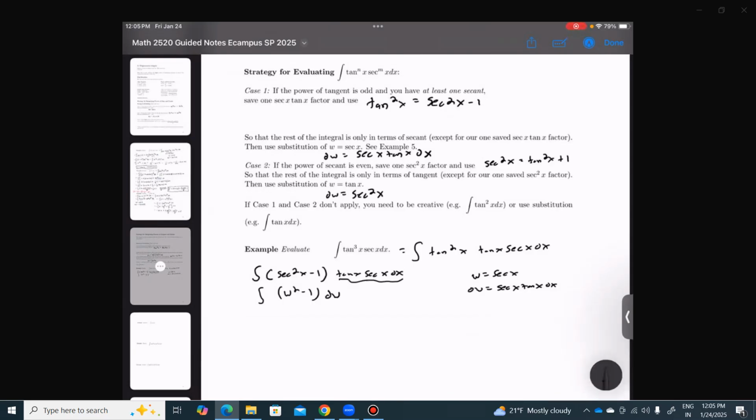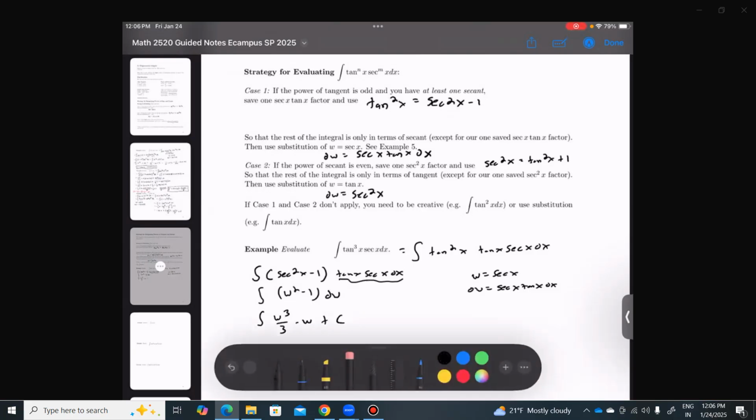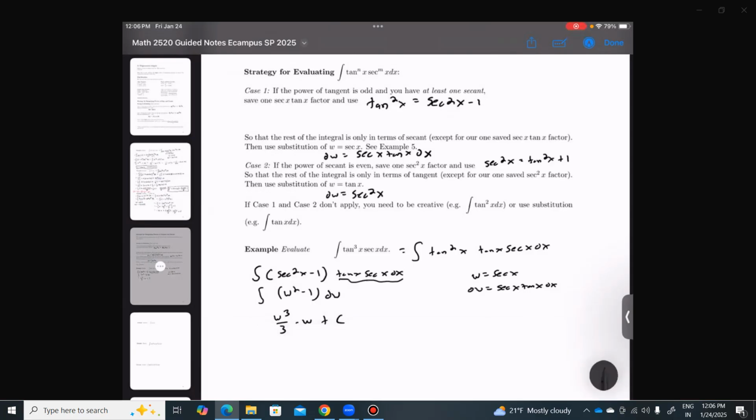Right. And so now we can take the integral: w cubed over 3 minus w plus c. I don't need the integral sign anymore. Right. And then we let w equal secant x, so this will be secant cubed x over 3 minus secant x plus c. And that's your final answer.